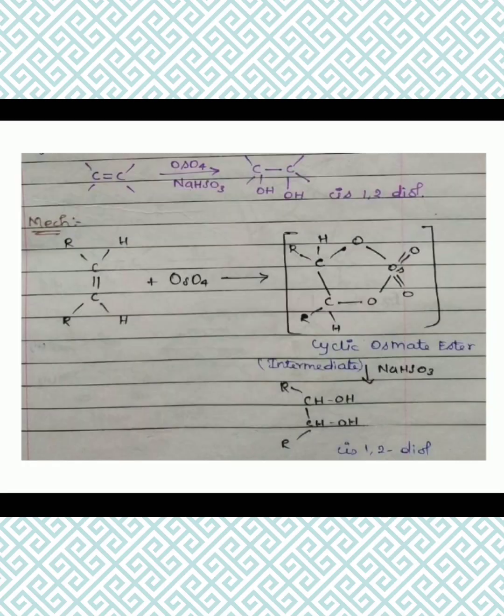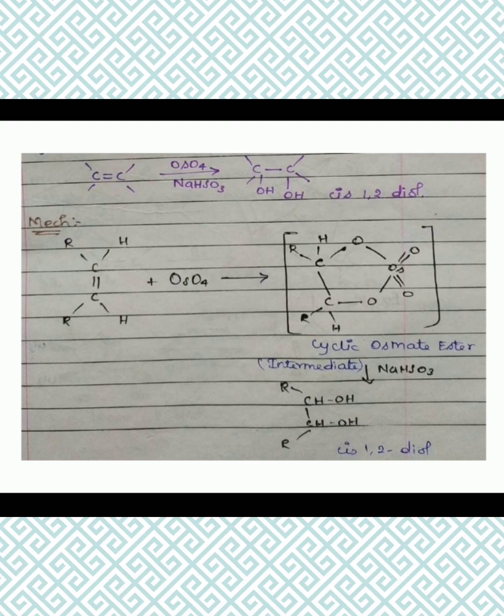So the product formed while using KMnO4 catalyst is cis 1,2 diol. Similarly, in the presence of osmium tetroxide catalyst, the alkene forms the same product, cis 1,2 diol, and the reaction proceeds through the cyclic osmate ester intermediate.